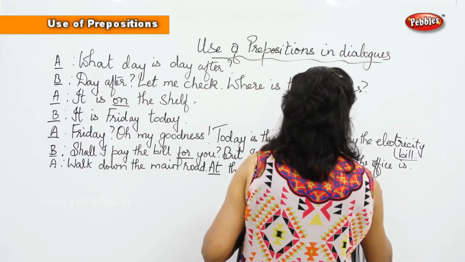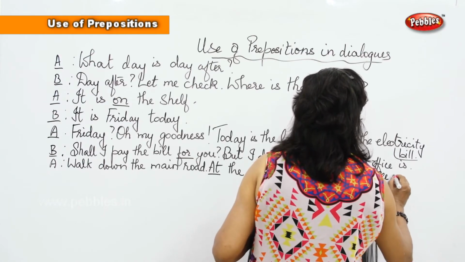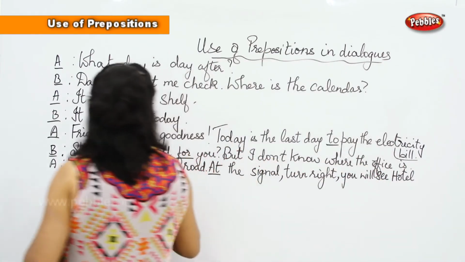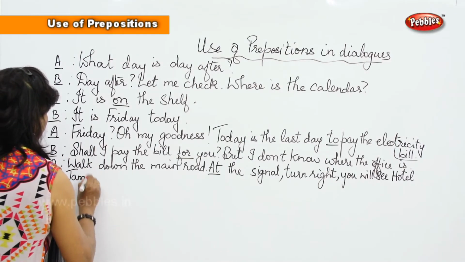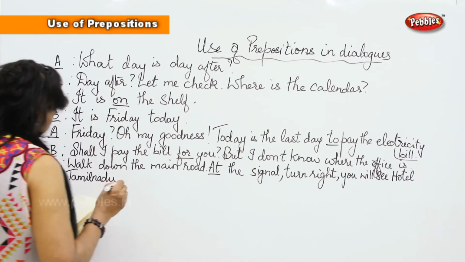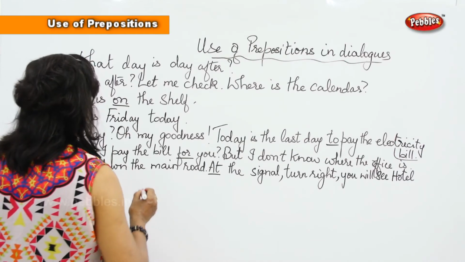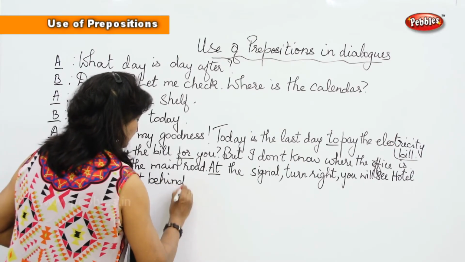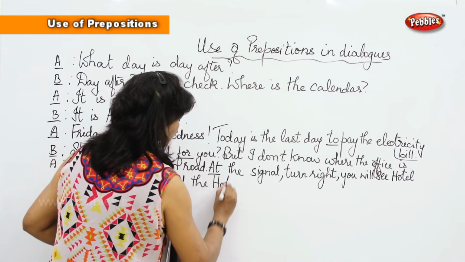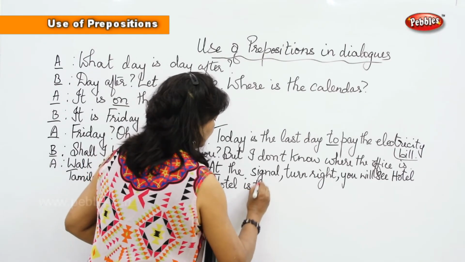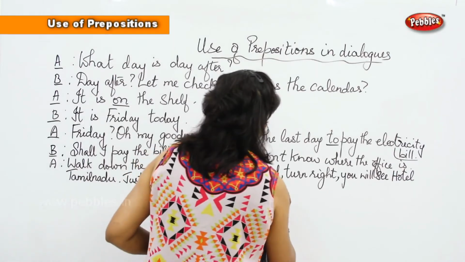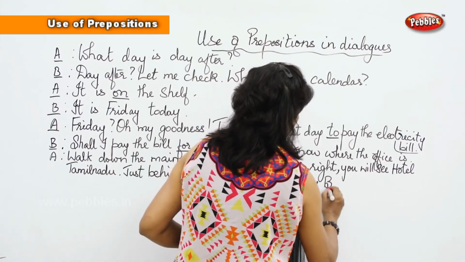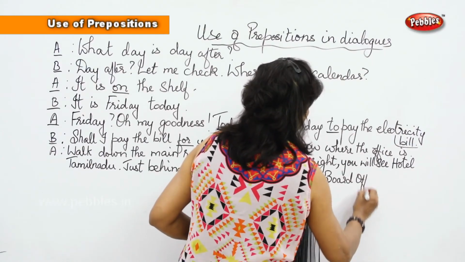You will see Hotel Tamil Nadu. Just behind the hotel is the electricity board office.